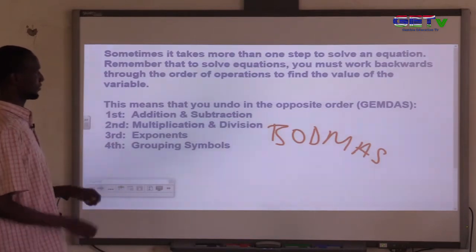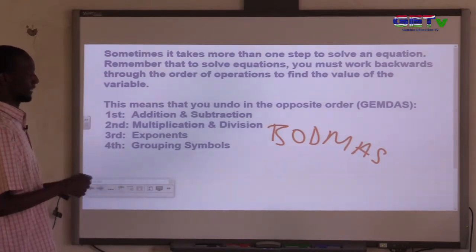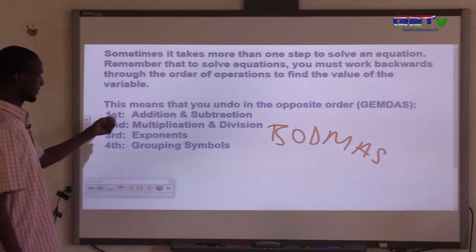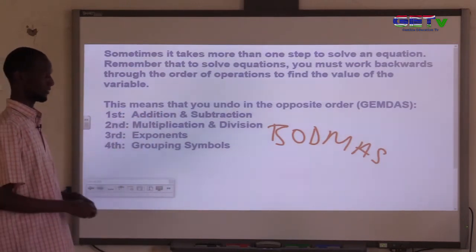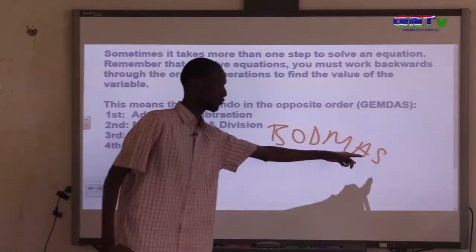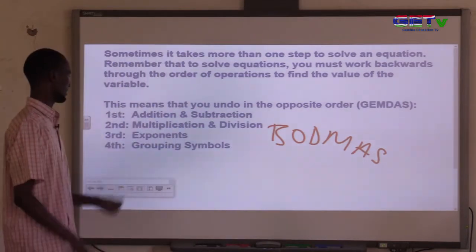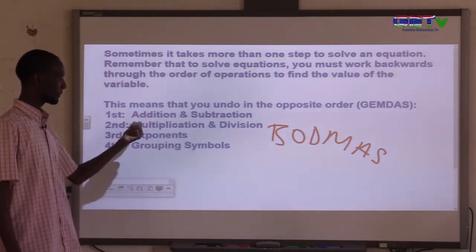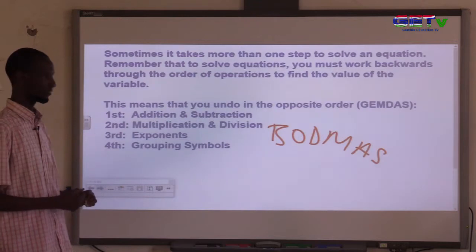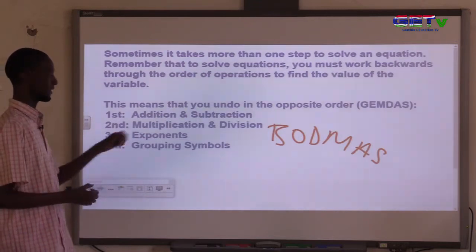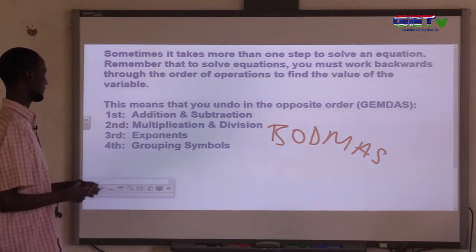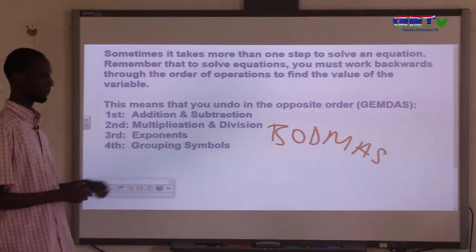So we are going backwards through the order of operations. This means that you undo in the opposite order. First, addition and subtraction, which are normally the last two, but here they become the first two. Second, multiplication and division. Third, the exponents, if there are any. And then fourth, the grouping symbols.